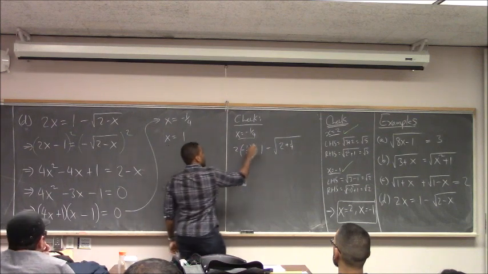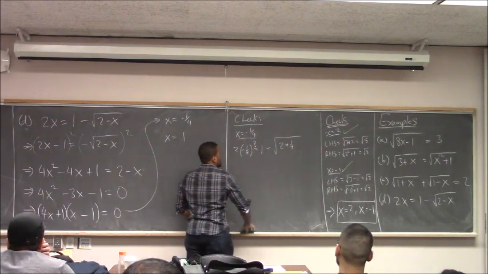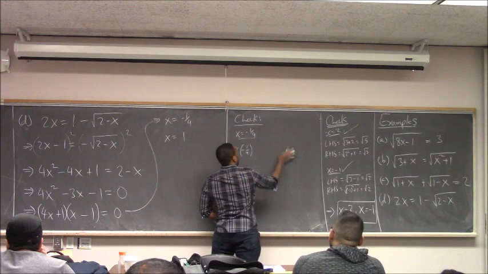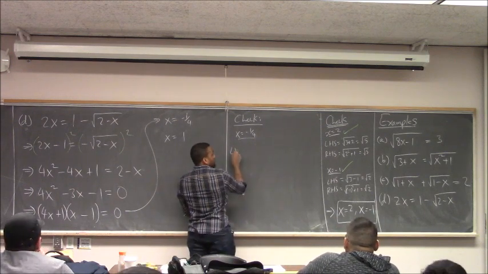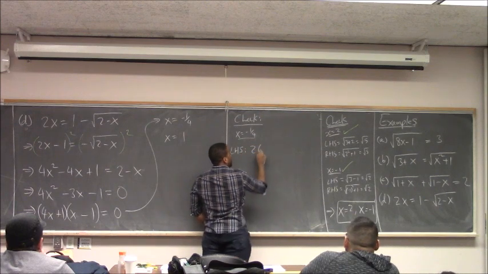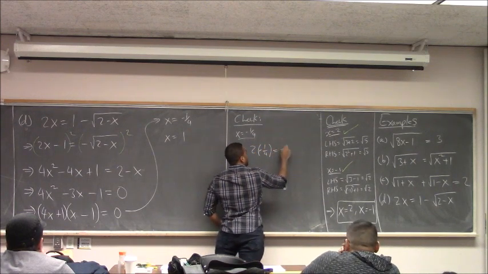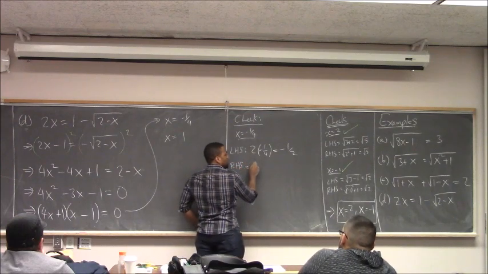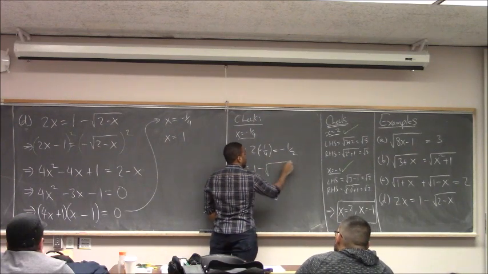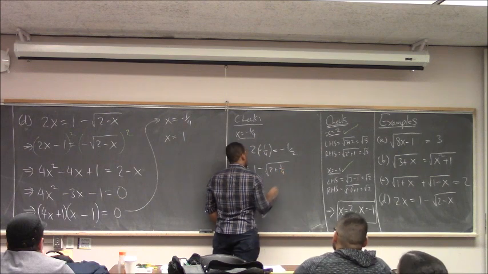Well, I don't know if that's true. Let's do one side at a time. The left-hand side would give us 2 times minus a quarter, which is minus 1/2. The right-hand side would give us 1 minus the radical of 2 plus a quarter.